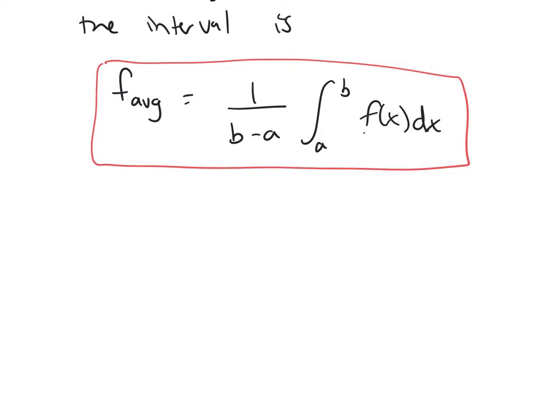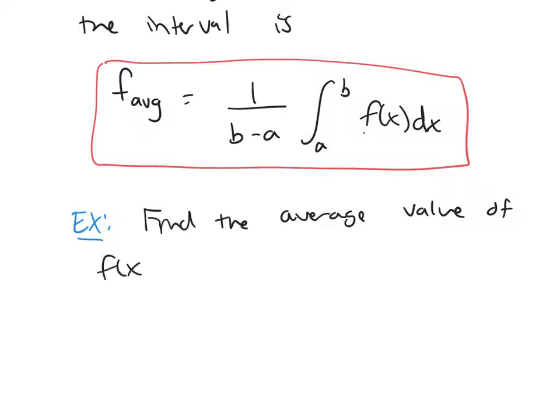So let's look at an example here. Find the average value of the function 3x squared minus 2x on the interval 1 to 4.